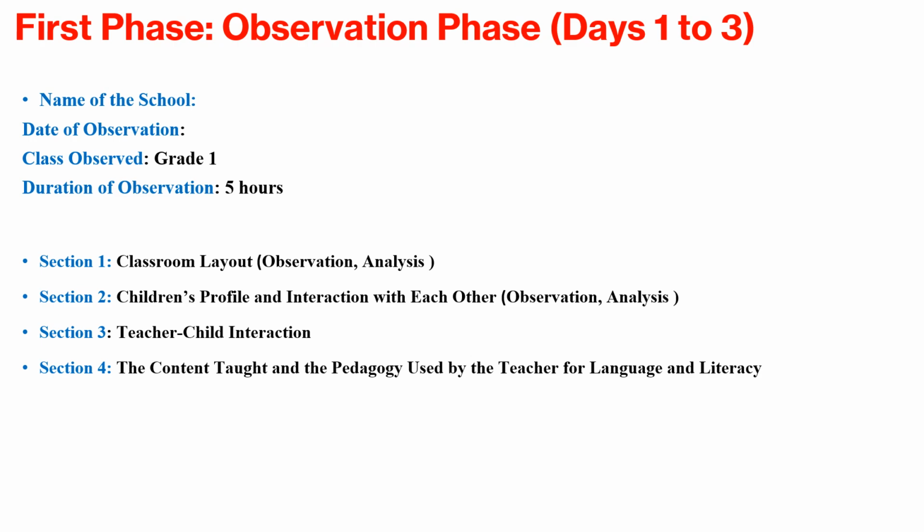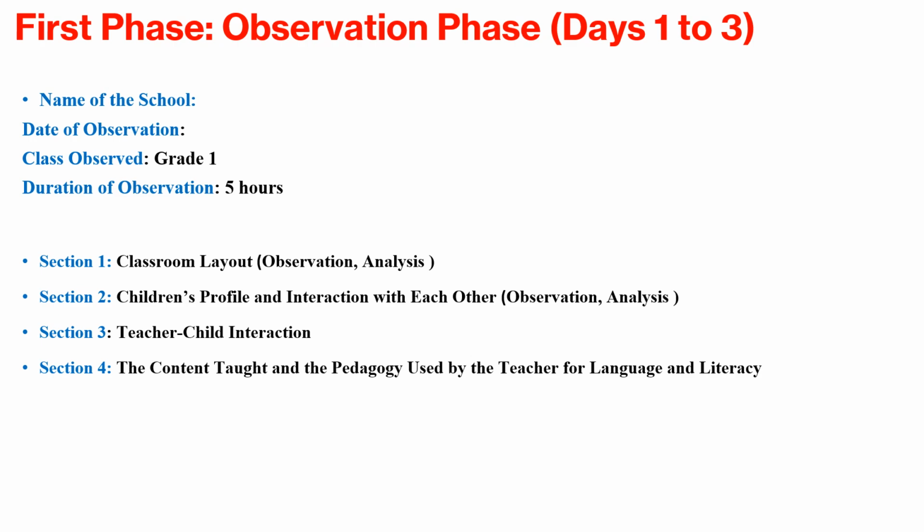Your first phase will be the observation period for days 1 to 3, meaning day 1, day 2, day 3. So you have to write 3 observation reports. In the reports, first you will write the name of the school, date of observation, and class observed, either grade 1 or grade 2.